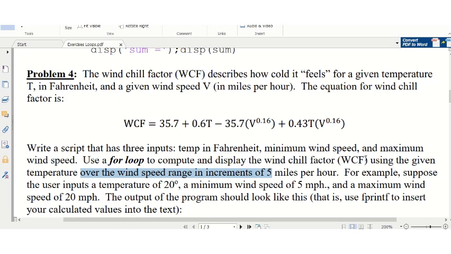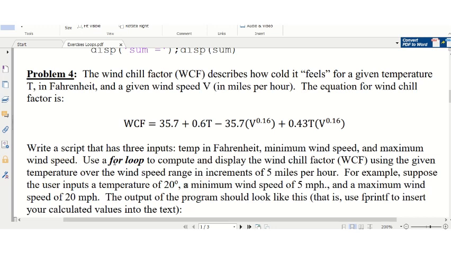So we are displaying the value of WCF with the given temperature over the wind speed range in increments of 5 miles per hour. The wind speed range starts from 5, its minimum is the minimum wind speed.